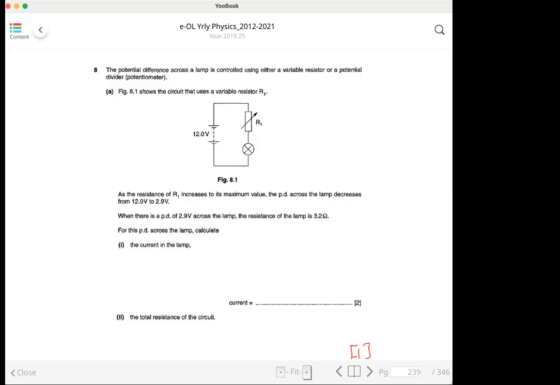Okay, so can I see who I can ask to volunteer? Oscar, can you do part 1 on the screen? Yi Ting, can you do part 2? Bei Kwan, your part 1 is correct. Well done.